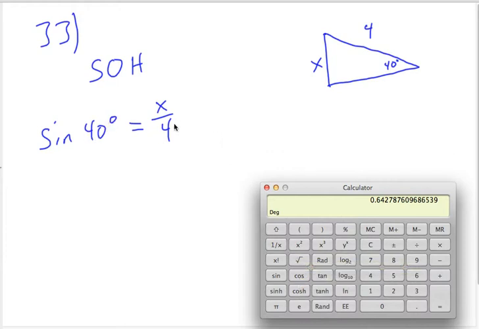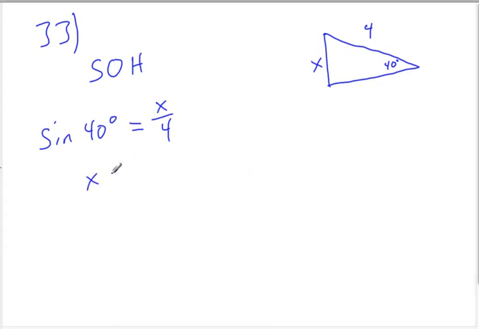We are then going to multiply that by 4 to solve for x. So let's just do that before we round to get a better answer. So we know that the length of x is going to be 2.57. We'll just go ahead and round that to the nearest hundredth. So 2.57 inches. And the answer sheet has 2.6 because they rounded to the nearest tenth. So that sounds good to me.